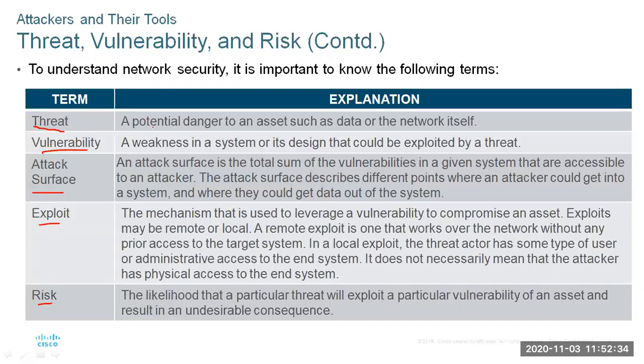So a threat is usually a potential danger to an asset such as data or the network itself. And vulnerability is basically what? A weakness in your system or in your design that could be exploited by a threat.